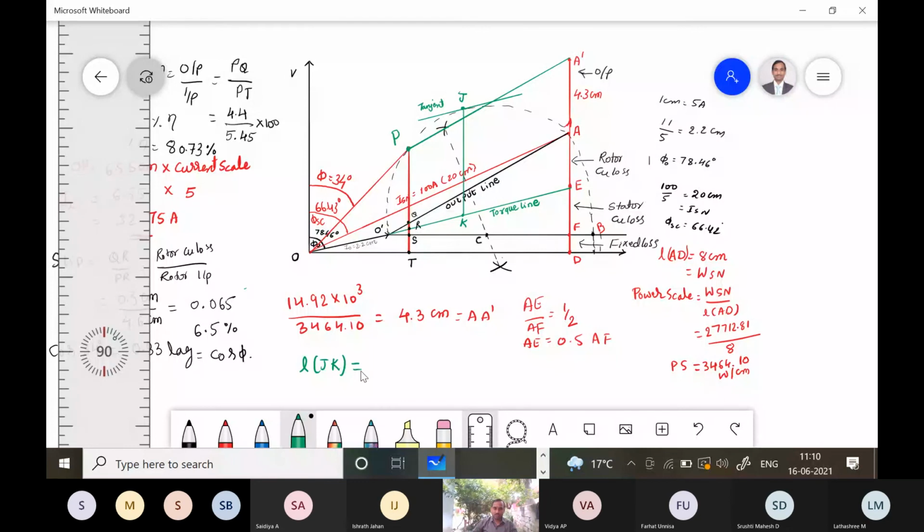So how much did you get for the length of JK? Distance of JK. Hello? Distance of JK.